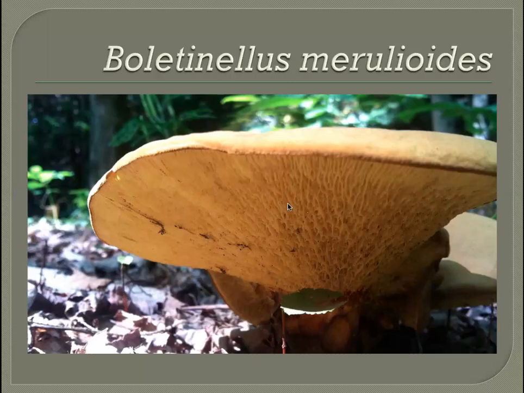And they can come in a few different shapes. They could be circular upon examination, or they could be angular as well. And if we look in here, we can see that these are angular pores. And this is Boletinellus merulioides, beautiful mushroom. I think we're going to talk about that one a little bit in Unit 3.